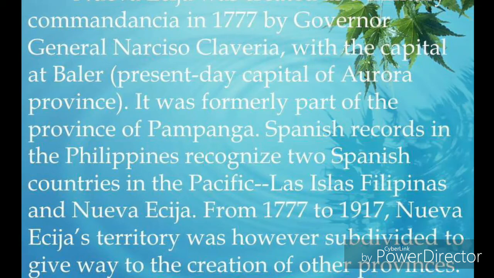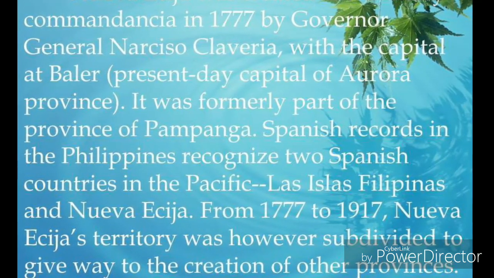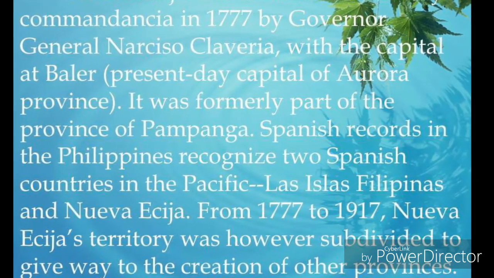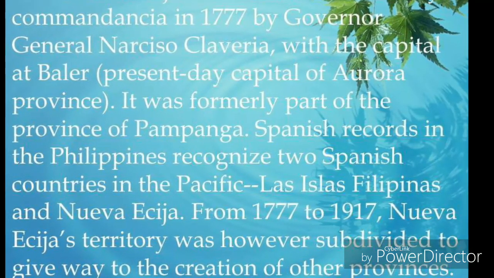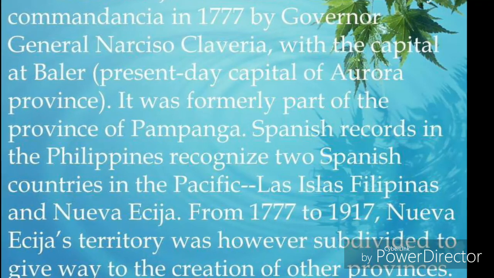Nueva Ecija. From 1777 to 1917, Nueva Ecija's territory was however subdivided to give way to the creation of other provinces.